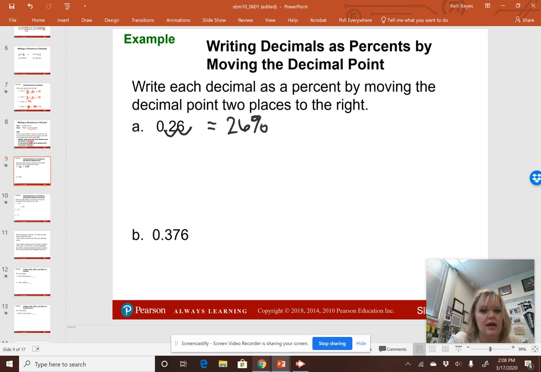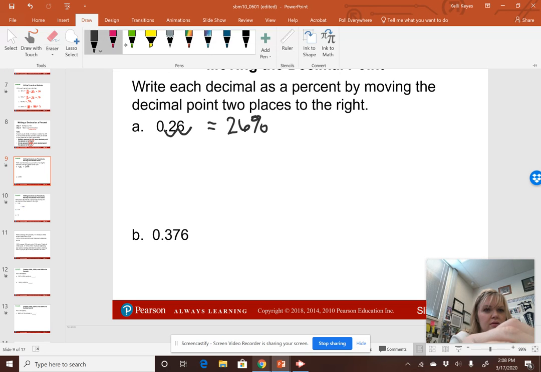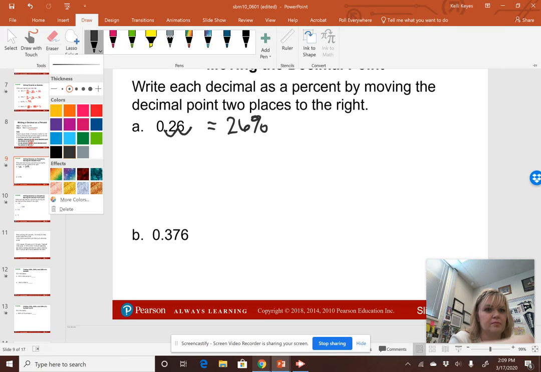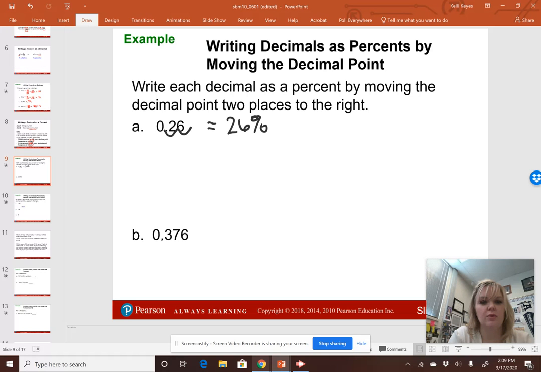And then 0.376: we go 2 places to the right, so that will be 37.6%. We multiply that by 100.